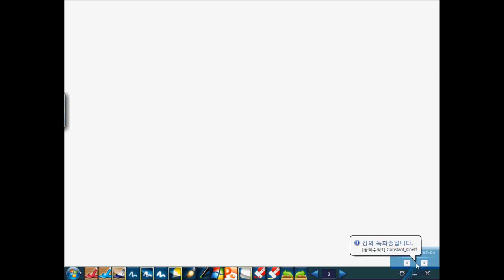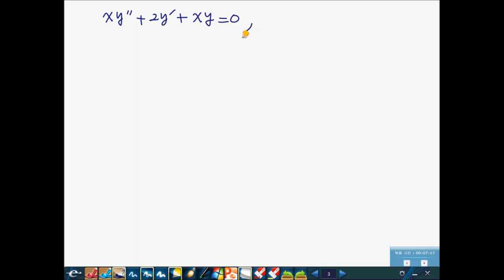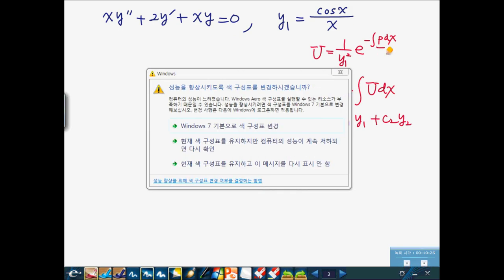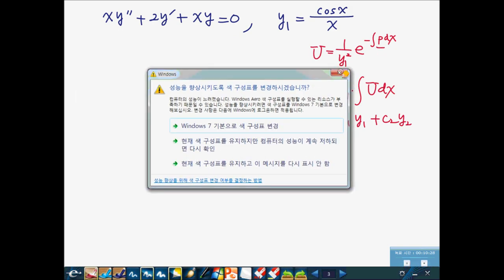Okay, so take your paper out and solve it by yourself. x y double prime plus 2y prime plus x y is 0, and suppose you have y1. To change this non-standard form into standard form, you first have to figure out p, right?